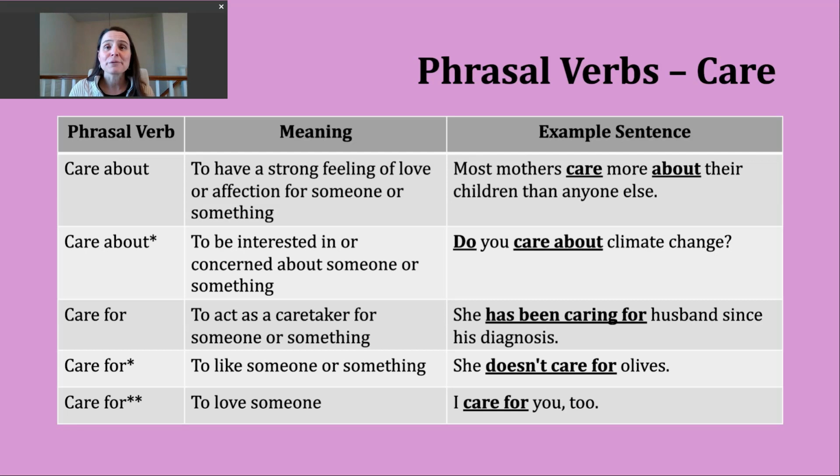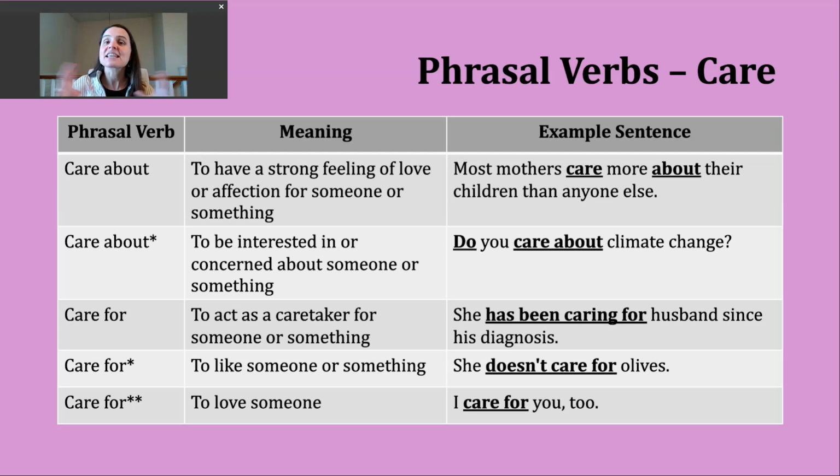A second phrasal verb you're likely to hear is care for. It can have three different meanings or ways we use it. One is to mean to act as a caretaker for someone or something. An example of this: she has been caring for her husband since his diagnosis.